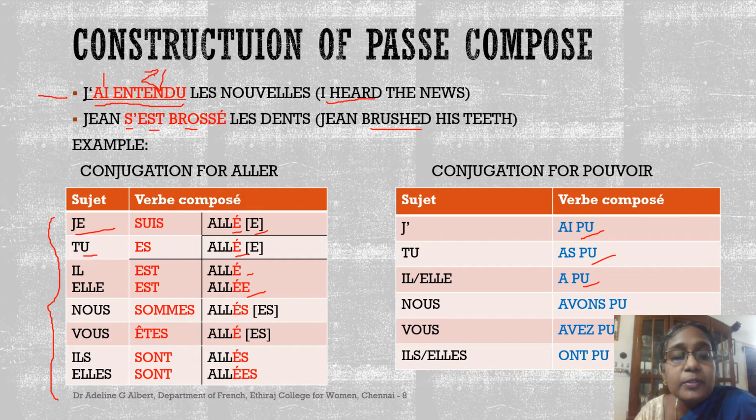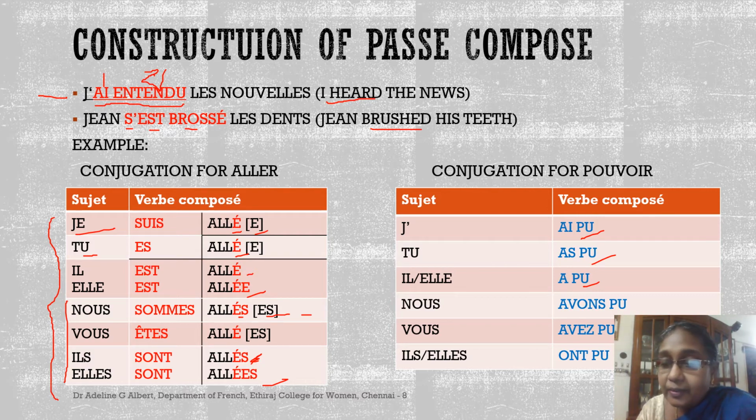Nous is plural. So now, apart from the masculine plural, I also have to think of a feminine plural. Alright? Masculine plural, feminine plural. This is only masculine, this is only feminine. Now, for vous, why have I given a singular form? Because vous can be singular. It is a form of formality, it is a form of respect.